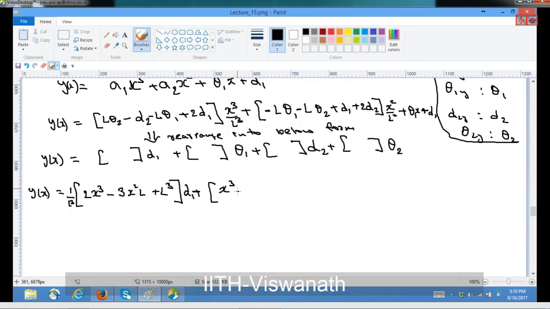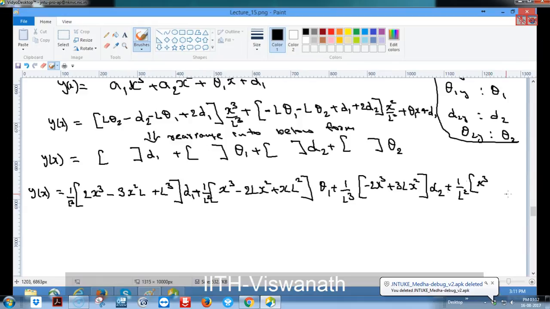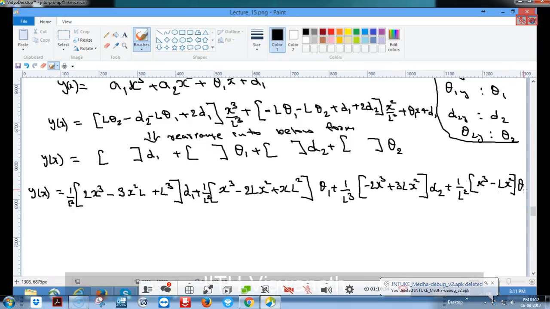Similarly, this becomes x cube minus 2L x square plus x L square, into 1 by L square, into theta 1, plus minus 1 by L cube, minus 2 x cube plus 3L x square, d2, plus 1 over L square, x cube minus L x square, theta 2.